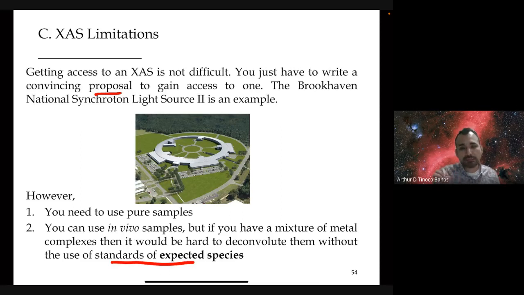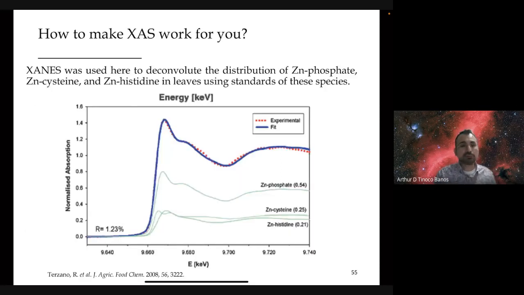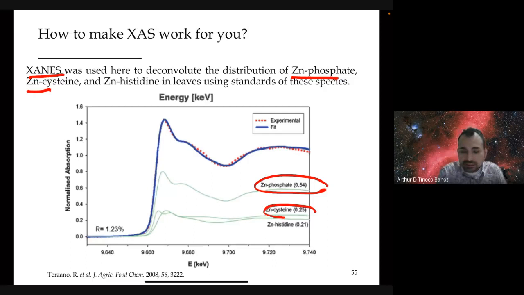All right, well, what do I mean by that? Here's an example where someone used XANES to deconvolute the distribution of zinc species, right? What they did was collect data for a zinc phosphate, so that the data is right here, a zinc cysteine, and a zinc histidine, okay?